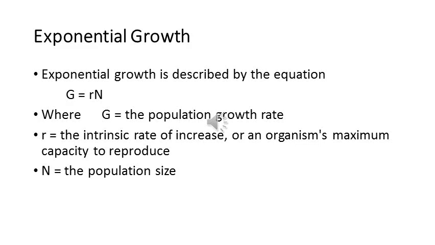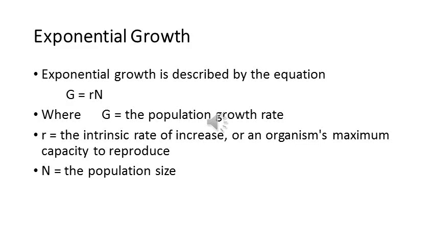The exponential growth is described by the equation G = rN, where G is the population growth rate, r is the intrinsic rate of increase or an organism's maximum capacity to reproduce, and N is equal to population size.